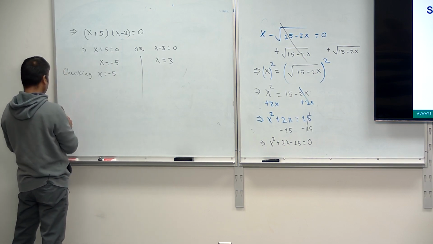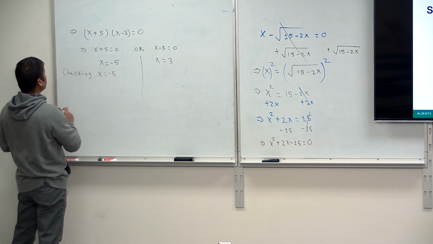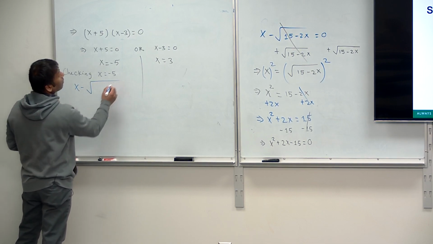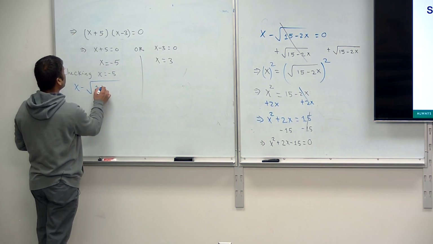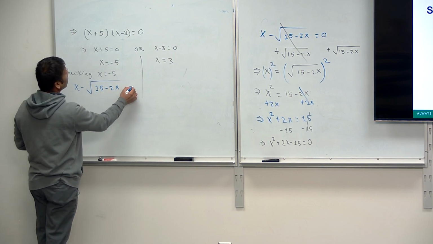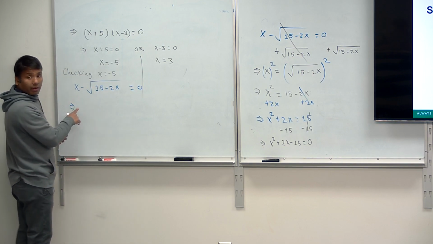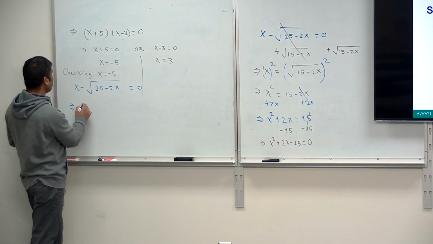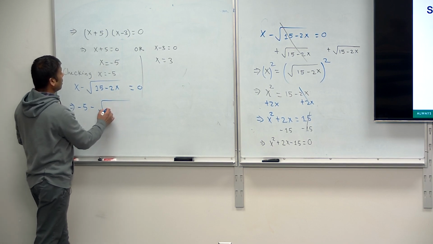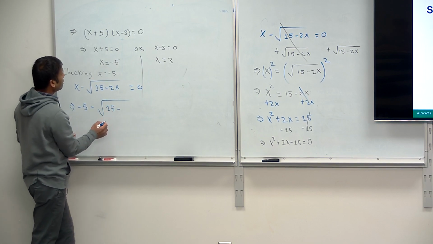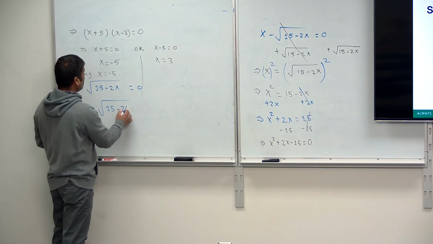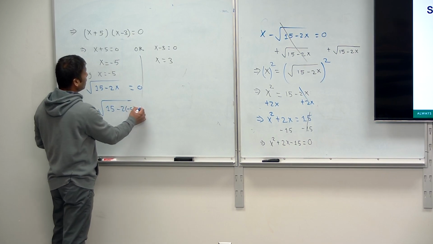So I have x minus radical 15 minus 2x equal to 0, okay? So now let me plug in x equal to negative 5. So this is negative 5 minus radical 15 minus 2 times negative 5 equal to 0.